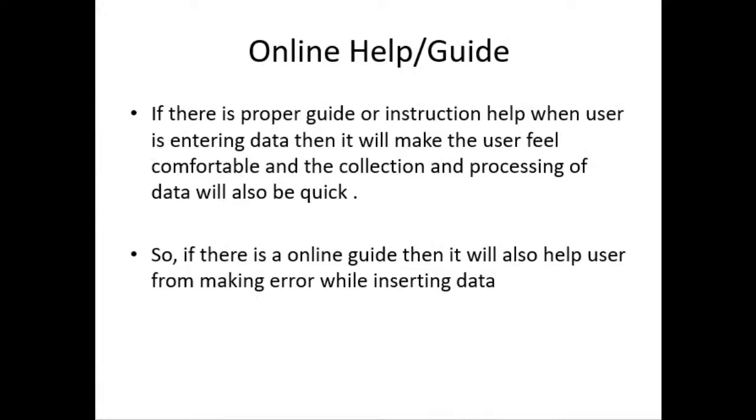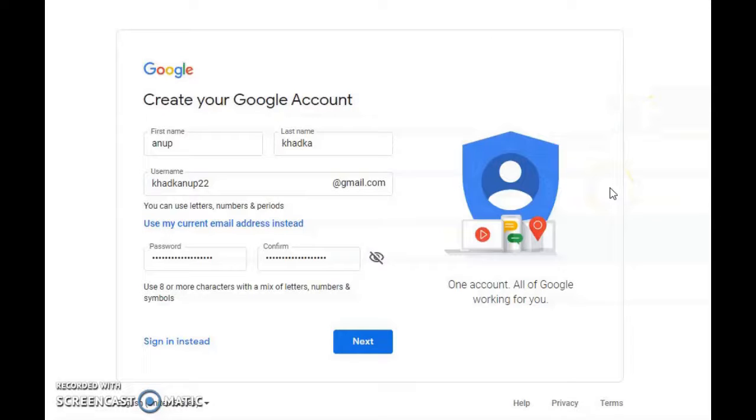Another guideline is online help or guide. A proper guide helps users feel comfortable and entry of data will be faster. It also prevents users from making errors while inserting data. So let's see an example of online help. Here I've already filled the form and next.